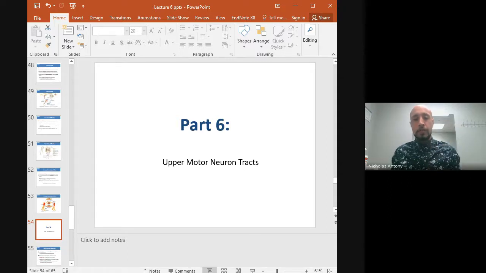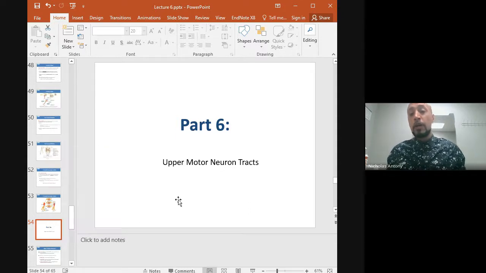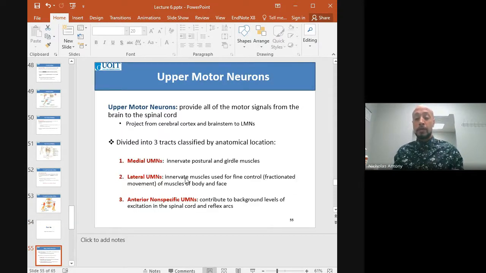Because here, we're talking about spasticity. I'll talk about it in relation to the reticulospinal tract. Because we've talked about lower motor neurons thus far. Now let's talk about the upper motor neuron tracts. Like we talked about the somatosensory tracts last day, right? What are the three main categories? Yep.